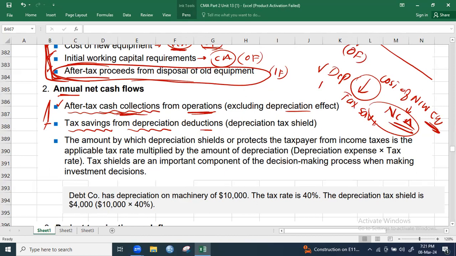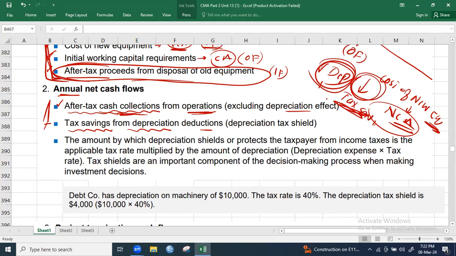It is treated as inflow because, even though depreciation itself is a non-cash item, due to that depreciation you have a tax effect. You will get saving. So this tax saving we need.